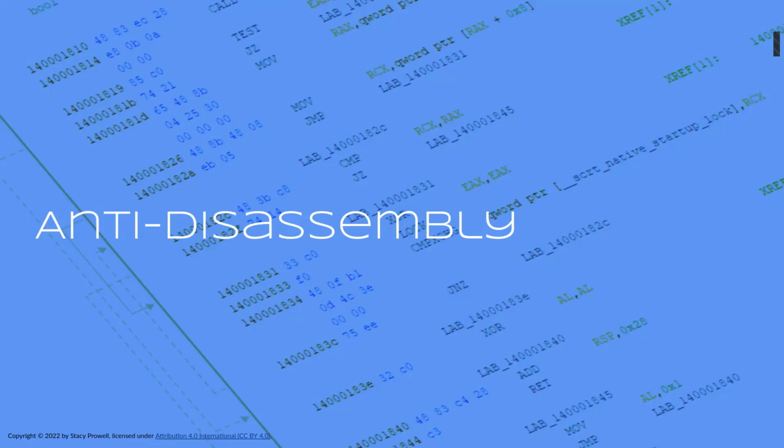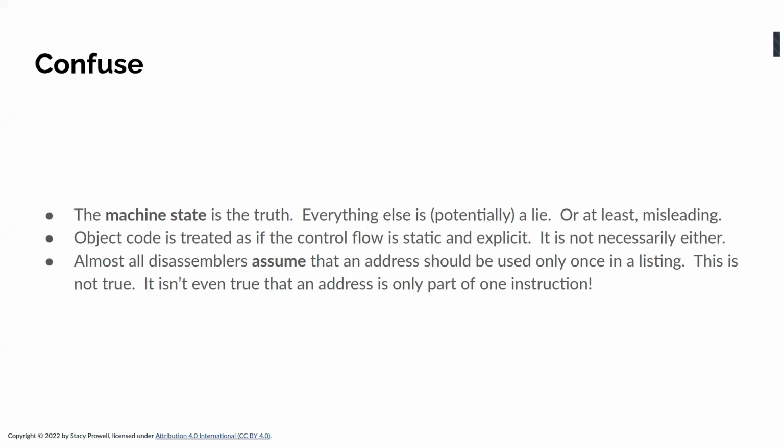So anti-disassembly is this collection of tricks and techniques, and we'll talk about a few of them here, not that many. There's a pretty good article online you can find about it that will give you some other details. The basic idea behind anti-disassembly is to confuse the analyst and the tools and everybody about what the heck's going on. Right? The computer's not confused.